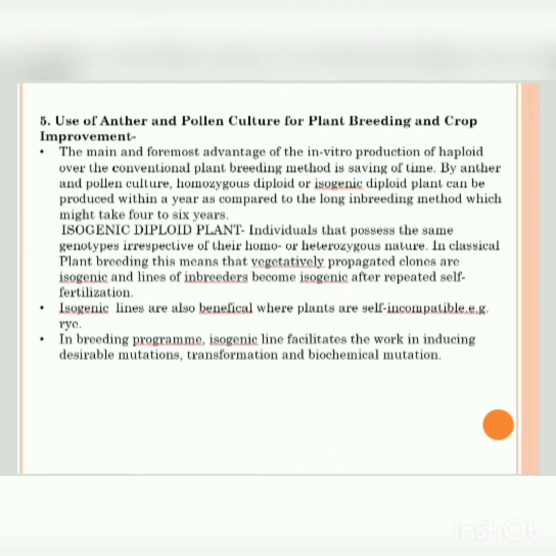In classical plant breeding, this means that vegetatively propagated clones are isogenic, and lines of inbreeders become isogenic after repeated self-fertilization. Isogenic lines are also beneficial where plants are self-incompatible, for example, rye. In a breeding program, the isogenic line facilitates the work in inducing desirable mutations, transformation, and biochemical mutation.